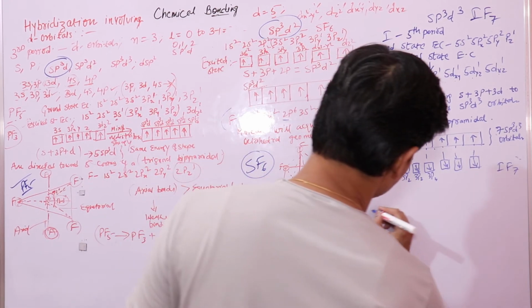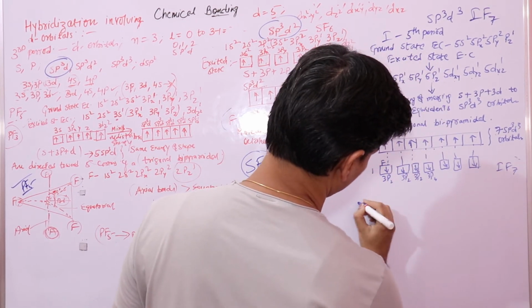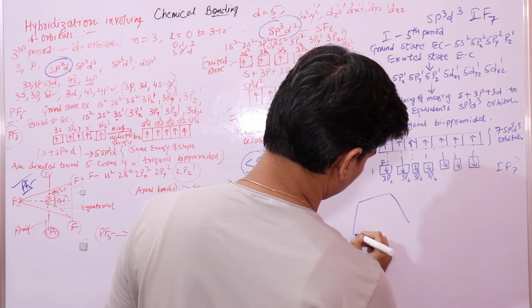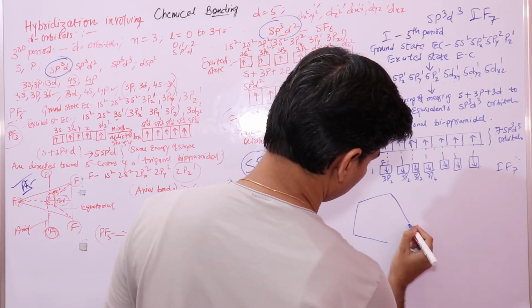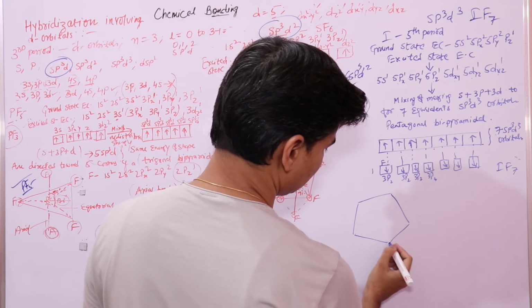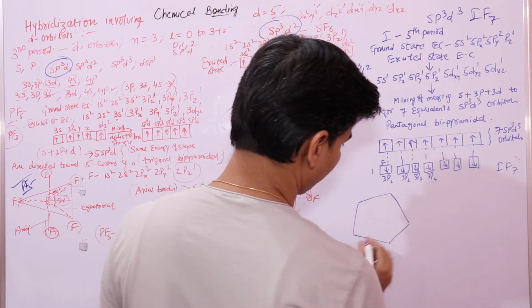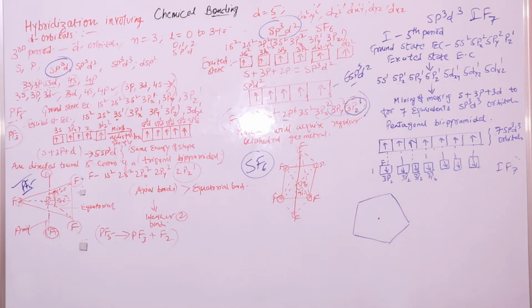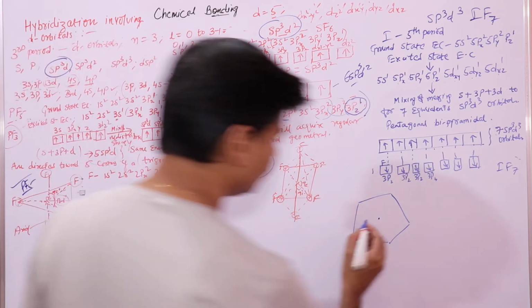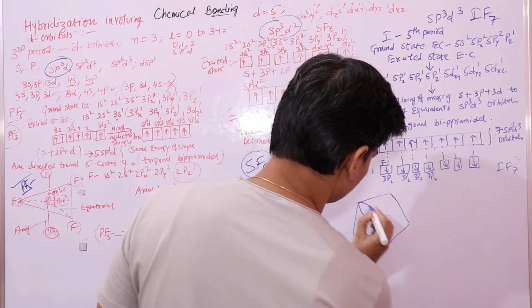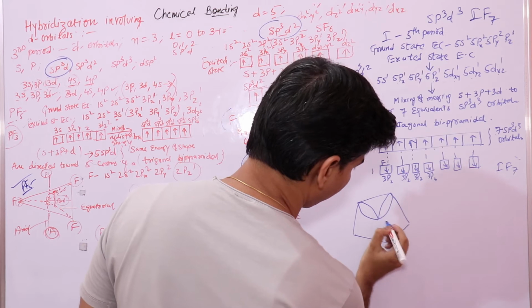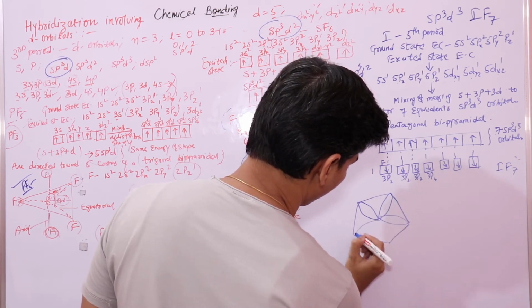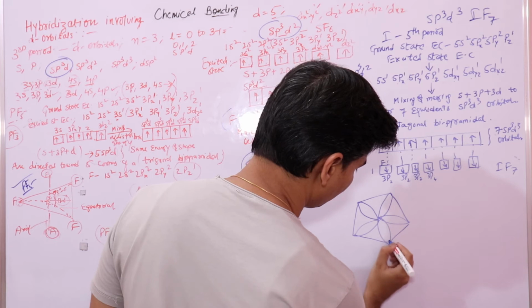It's simple, the way we draw the pentagon, like this, 1, 2, 3, 4, 5, and this is the center of the pentagon. I'm just showing the bigger lobe of the orbital.